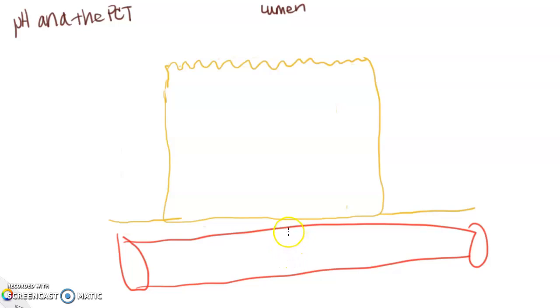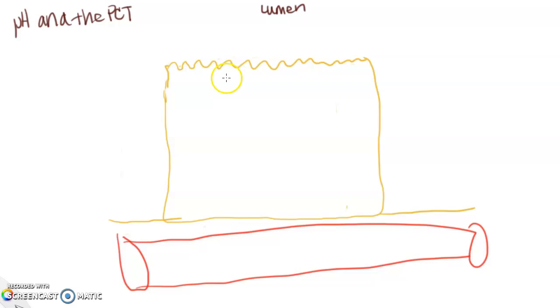So in the proximal convoluted tubule, we know that 70% of nutrients or solutes that were dumped into the Bowman's capsule are going to be reabsorbed here. And that sort of happens with hydrogens and bicarbonate. So most of the bicarbonate is reabsorbed here.